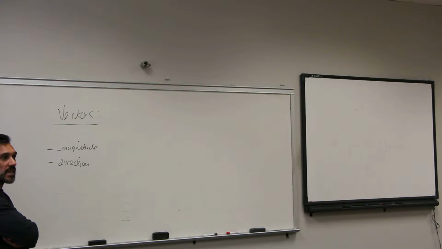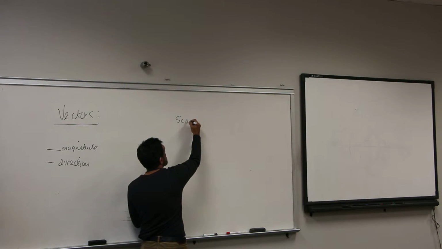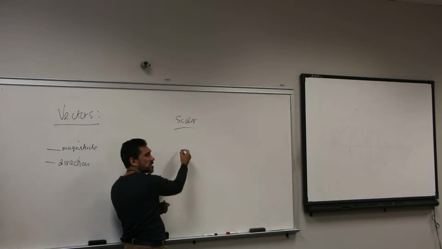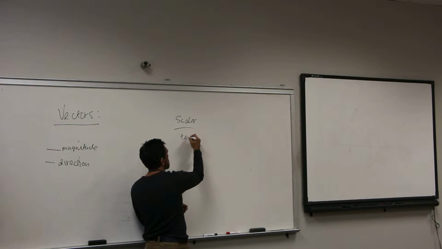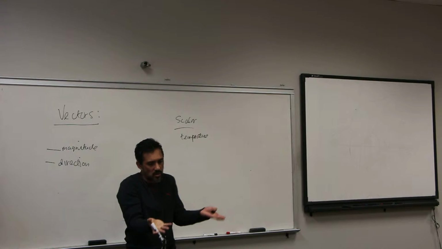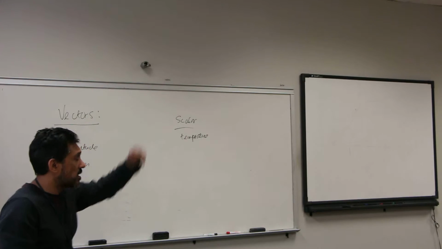How about temperature? Temperature, vector or scalar? It's a scalar, because it's just how hot: 20 degrees, 30 degrees. It doesn't tell you 20 degrees in a direction.